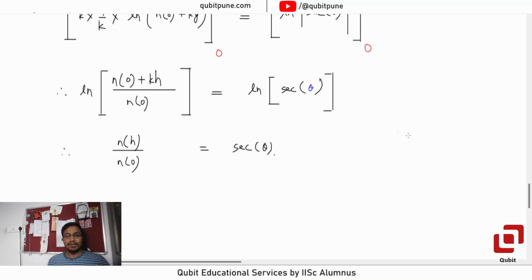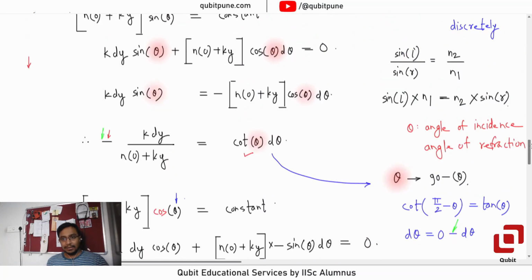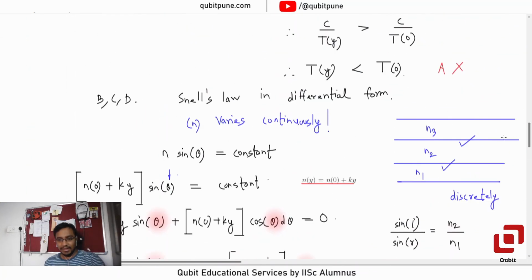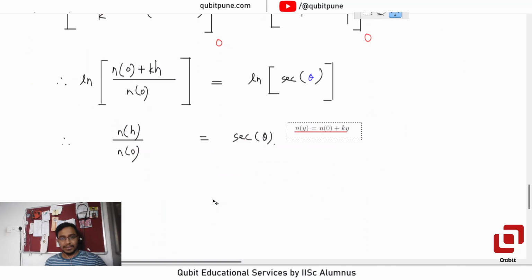Why? Again, go to the relation that they gave us. ny is equal to n0 plus ky. So nh is equal to n0 plus kh. So what will be cos theta? Reciprocal of that.